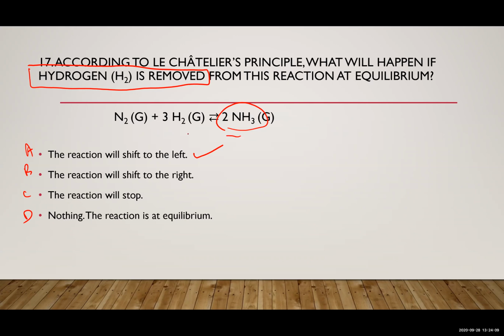It will go to the left. There will be less ammonia now, because shifting to this side. So there will be more nitrogen and hydrogen, less ammonia. Okay, so that's all about chapter 6.